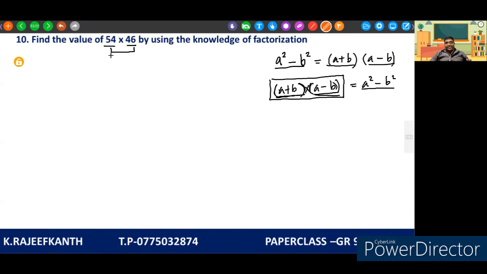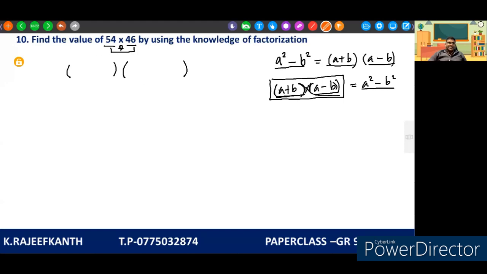54 times 46. So how can we find the value of this 54 into 46 by using the knowledge of factors? First, you have to find the difference of 54 and 46. Now, what is the difference? We know that 8 is the difference. So now we are going to arrange in the format of a plus b into a minus b.